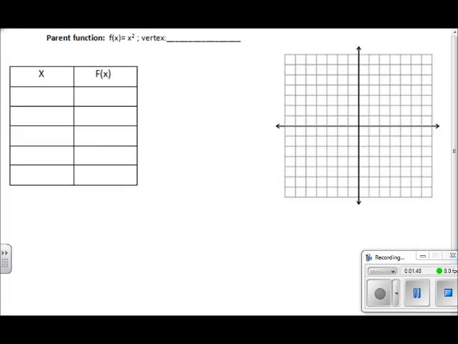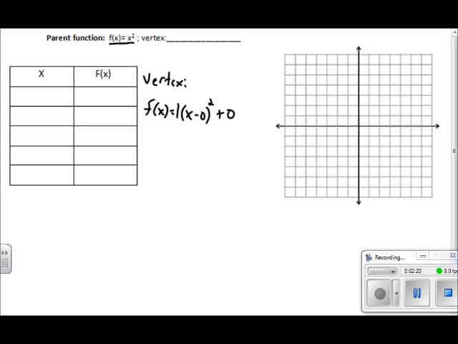So we're going to look at how standard form and vertex form both work. We're going to look at our parent function of just a simple parabola, f of x equals x squared. If we wanted to look at it in vertex form, remember it's a times (x minus h) squared plus k. So our a is 1, x minus 0 squared plus 0.